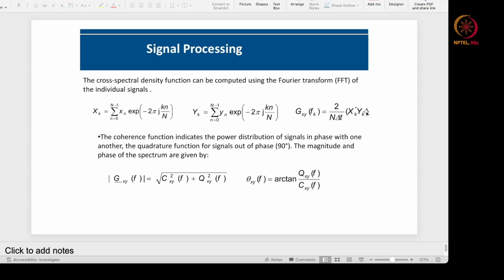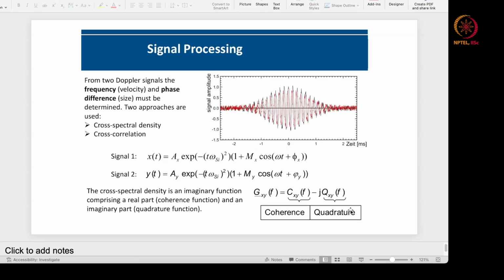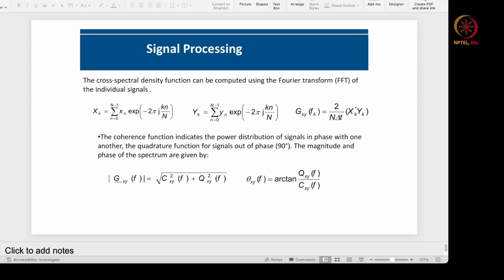The real part comes from the coherence function, and the imaginary part comes from the quadrature function. So in phase, all will be in the coherence. Out of phase, completely will be in the quadrature function. So that is how you process the signal.